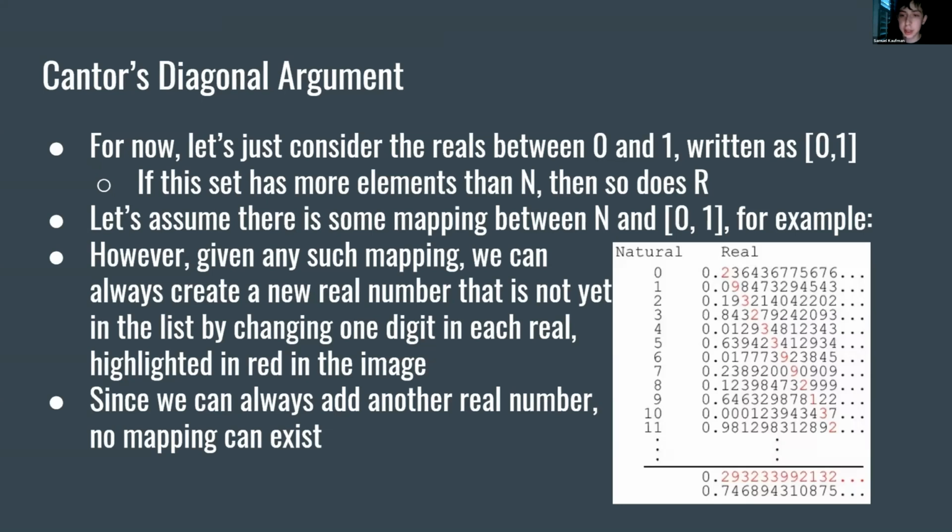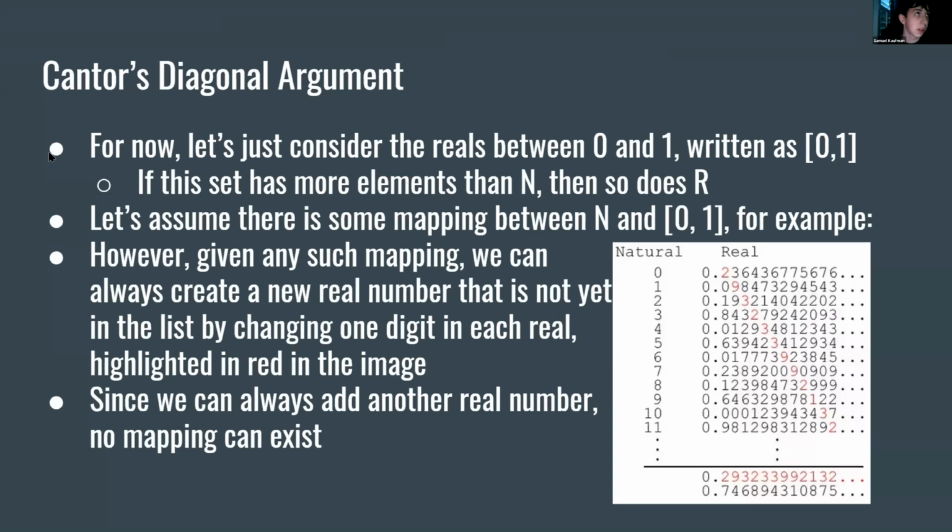We're going to use a technique called proof by contradiction, which means you assume something to be true, and then you show that there's a contradiction, so that assumption doesn't actually work. By assuming it and then showing a contradiction, you actually disprove the assumption.